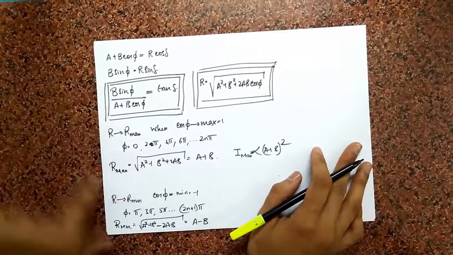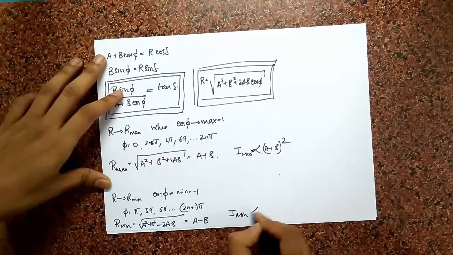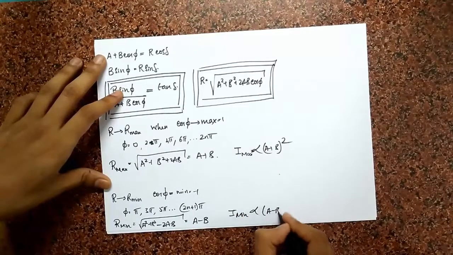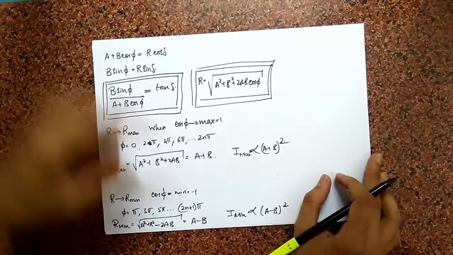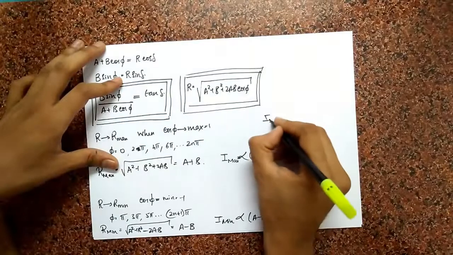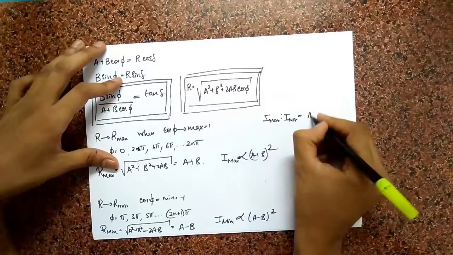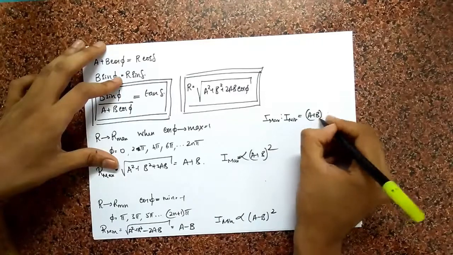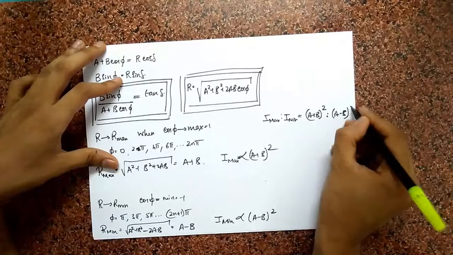It's proportional to R max, and I minima is proportional to a minus b the whole squared. Therefore, if I compare the intensities, I max is to I minima as a plus b the whole squared is to a minus b the whole squared.